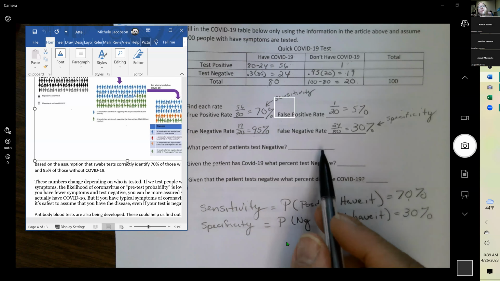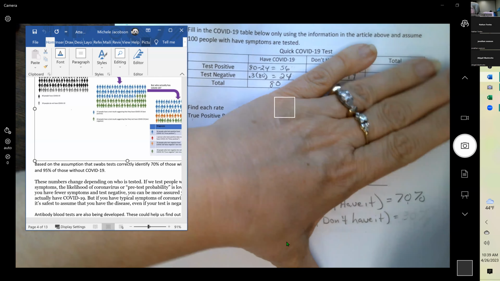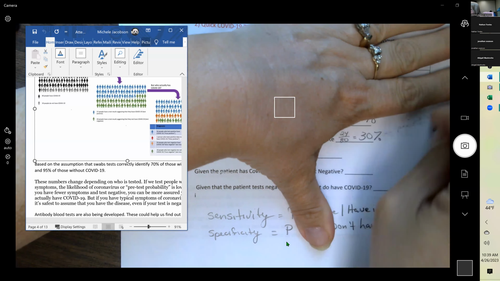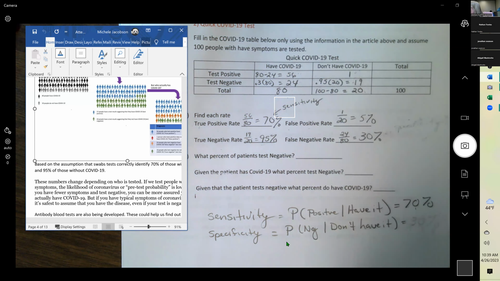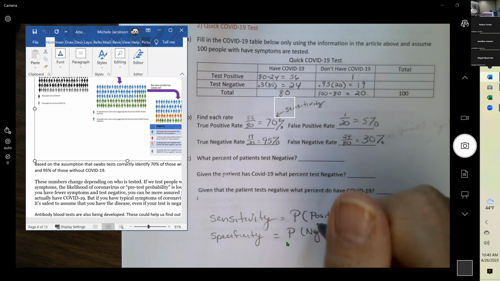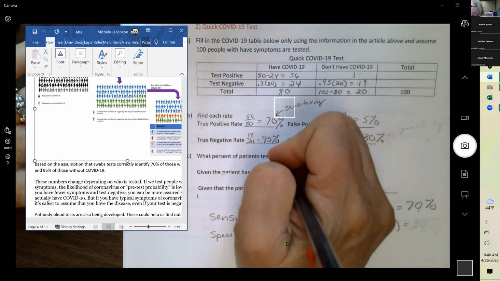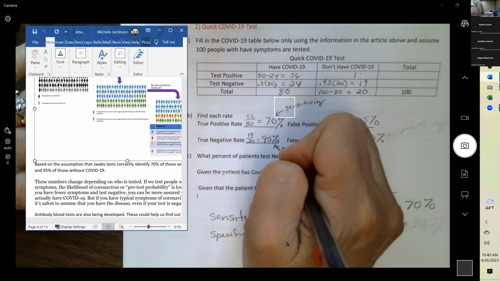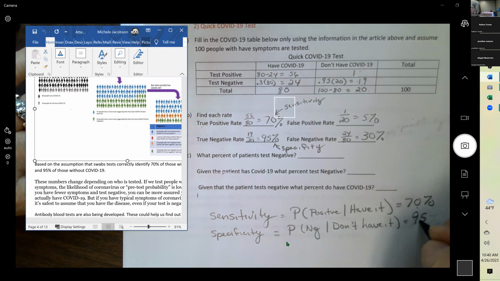Wait, no, I got messed up. I wrote them in the wrong order. True negative is here. It's that one. Test negative and you don't have it. That's this one. I had it in the right spot.